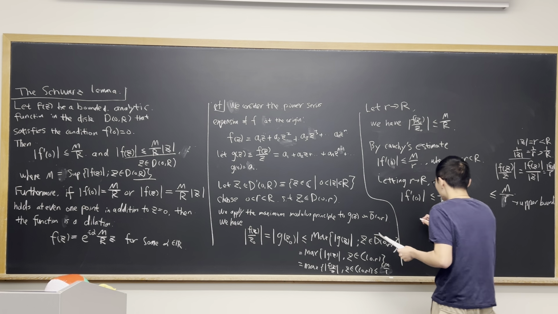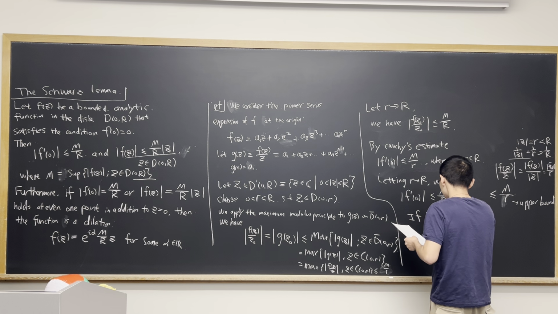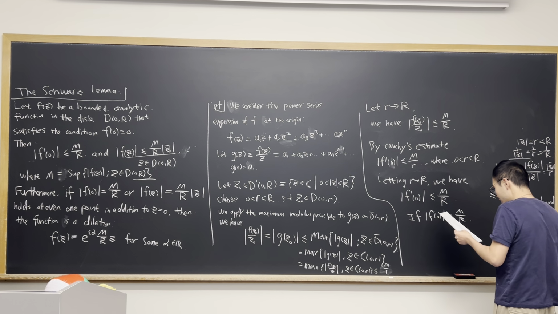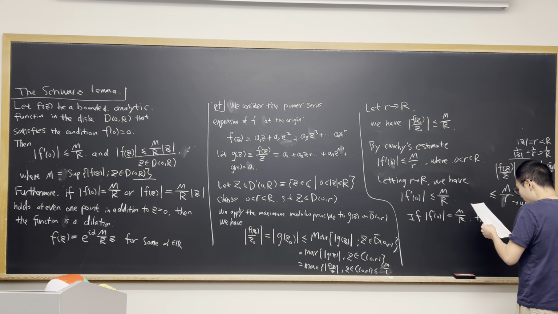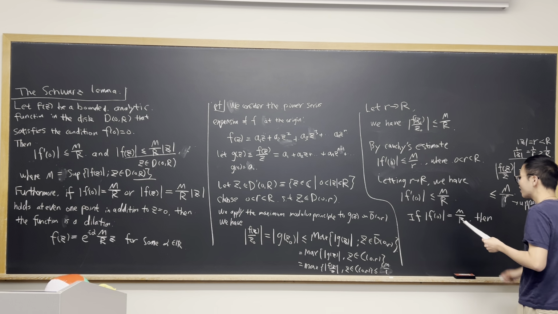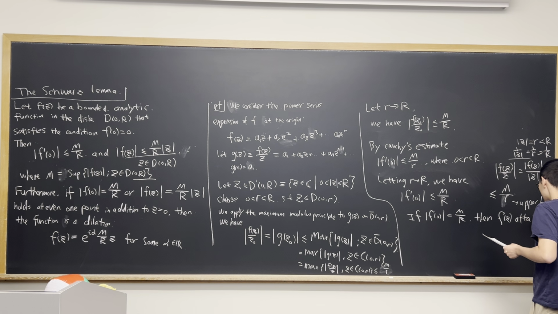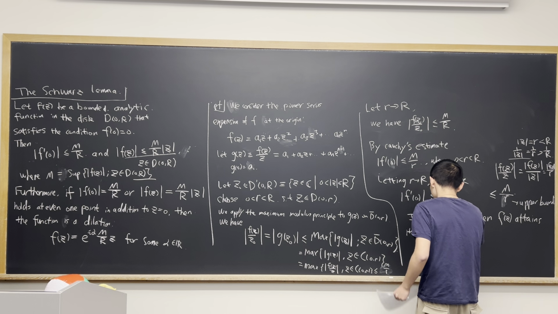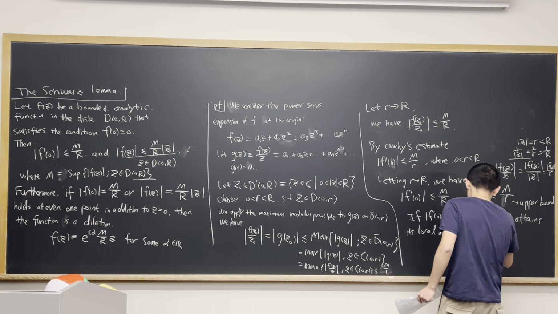If the modulus of f'(0) is equal to this M over R, then we know that this f'(z) attains its local maximum at 0, right?